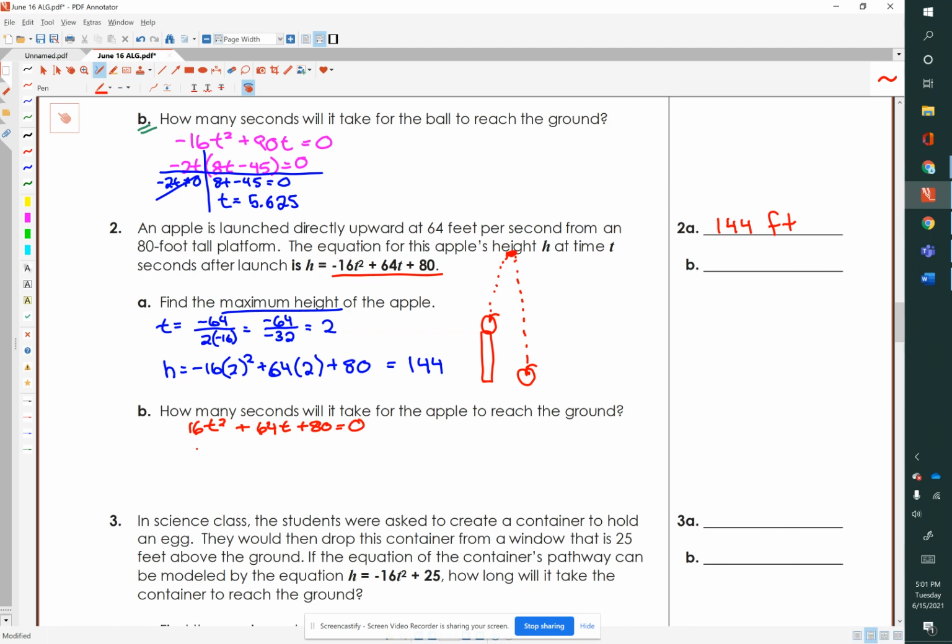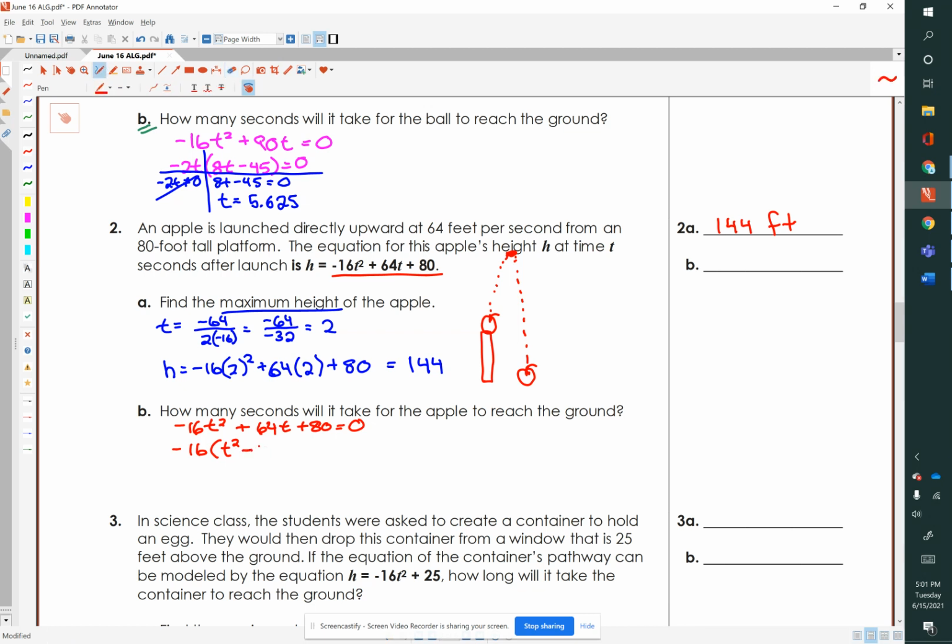And let's factor out a 16. I forgot my negative sign at the beginning. So let's factor out a negative 16.